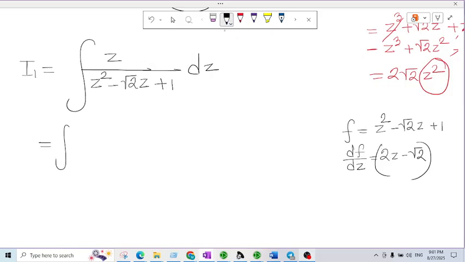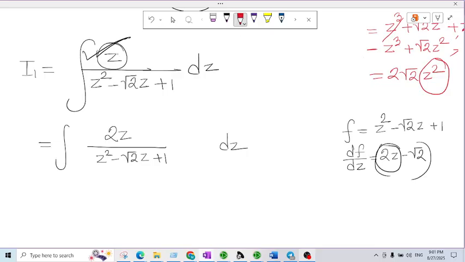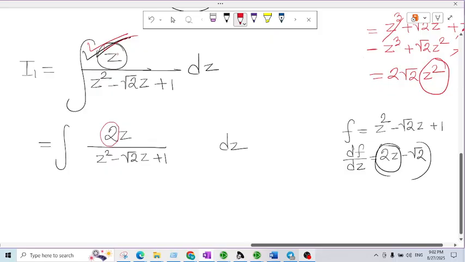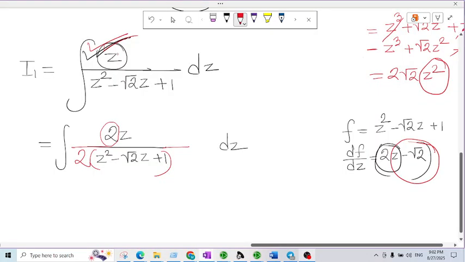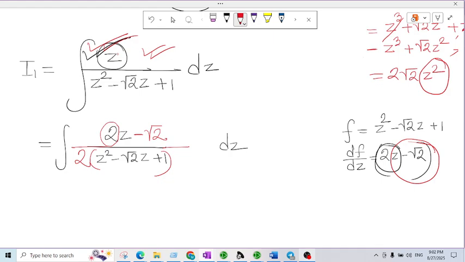Well, so let's write here z square minus root 2 z plus 1, and you see that here I have z, but I need 2z, and I have to make this here. So let's make it. I just have to write 2z here, but you see, is there any 2 here? No. That means I have to compensate for this 2, and to do this I have to write 2 here. Well, now let's proceed. You see I have a minus root 2 here, so let's write minus root 2. But you see any minus root 2 here? No. So to compensate for it, you have to add plus root 2.